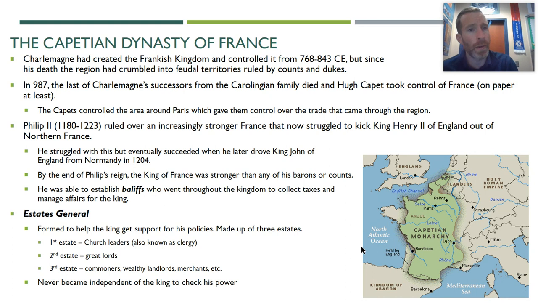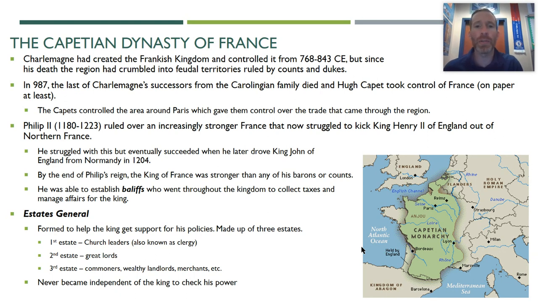After the collapse of the Roman Empire, you have what is called the Frankish kingdom, which is led by their king named Charlemagne. And Charlemagne does a really good job of establishing control over the region. He's going to create what's called the Holy Roman Empire, which isn't quite a strong political unit like it seems to be.